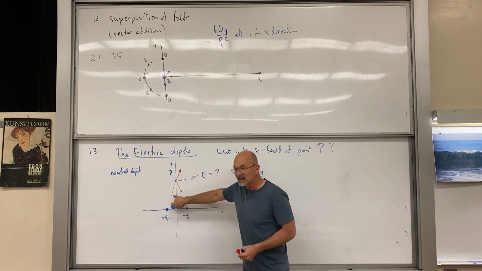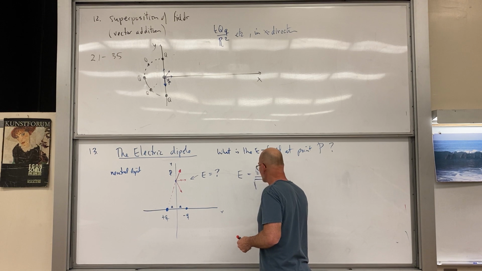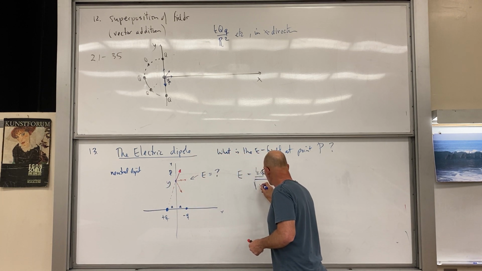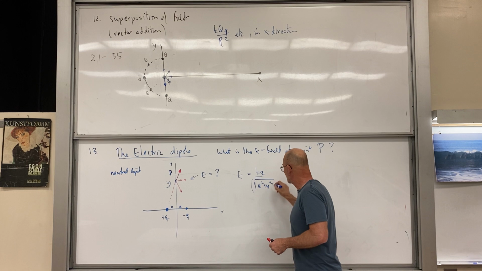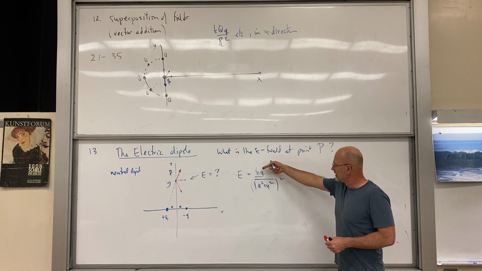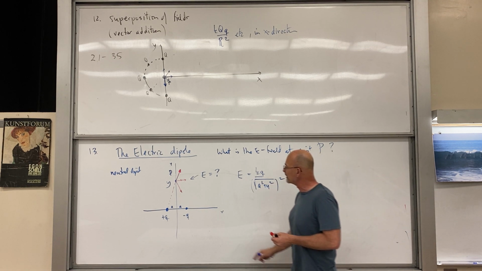Okay, the distance of my little dotted line squared. But my little dotted line is the square root of, we're up here on the point y, square root of a squared plus y squared, squared. Okay. kQ over distance squared. So that's the magnitude of this one here.